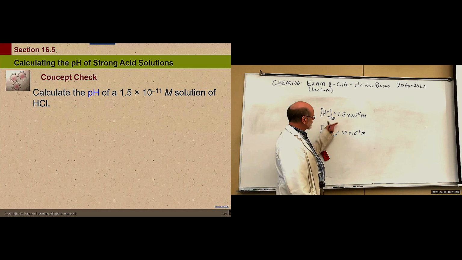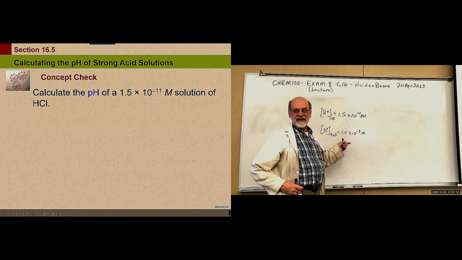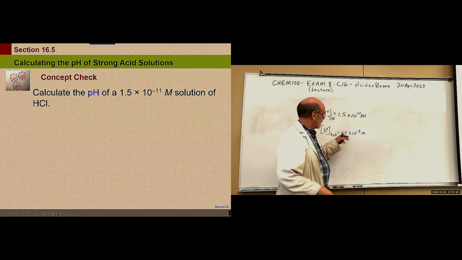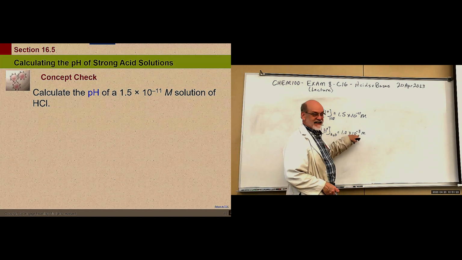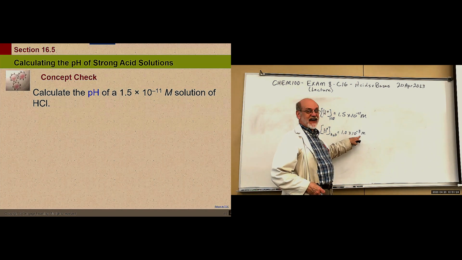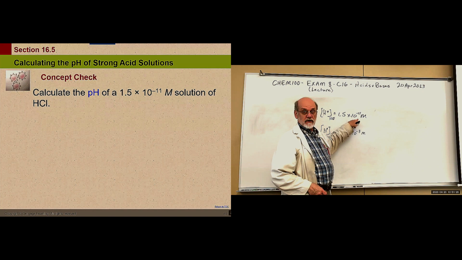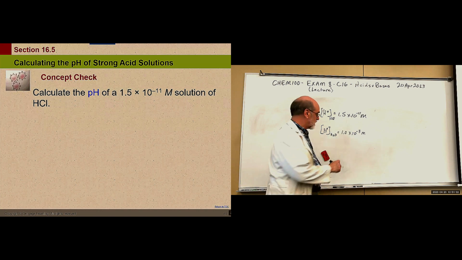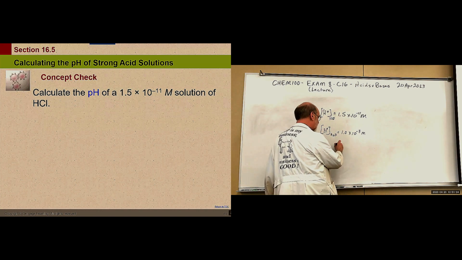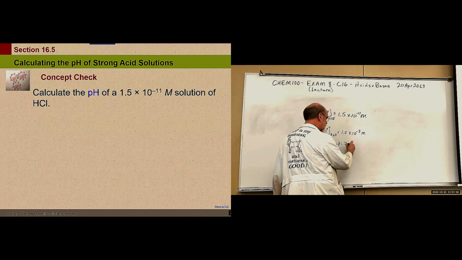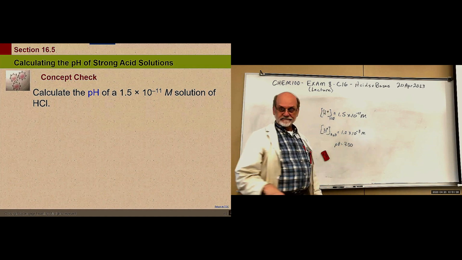So what impact is this going to have on that? Nothing. This one is 10,000 times larger than this one. This will have absolutely no impact on the pH. So the pH would be 7.0 still.